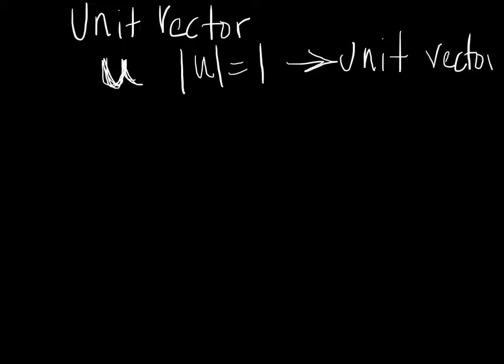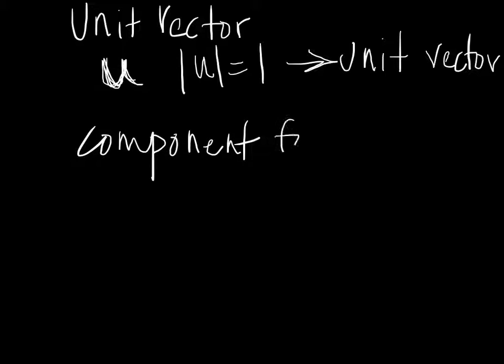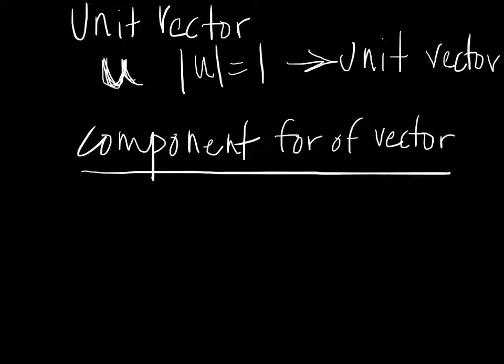One of the things to find a unit vector, what it boils down to is you can take the component form of any vector and divide it by the magnitude of that vector.